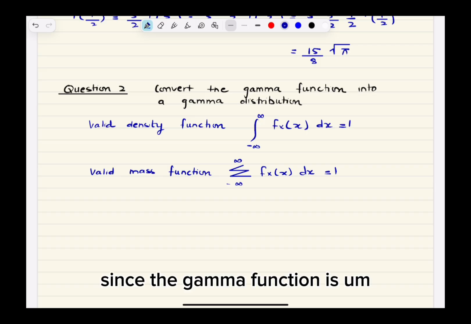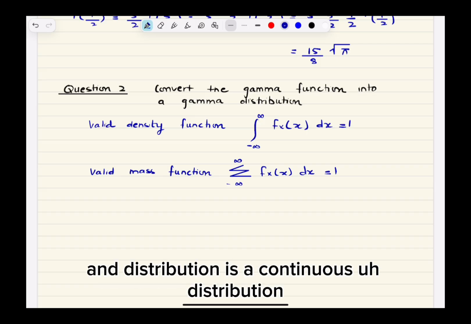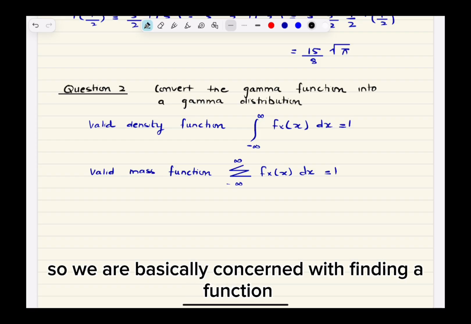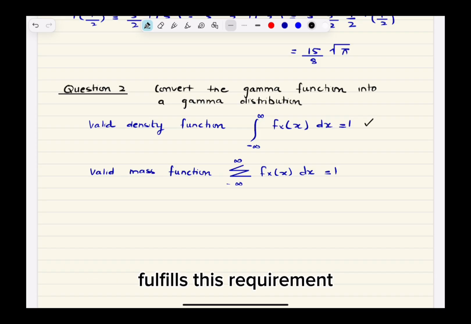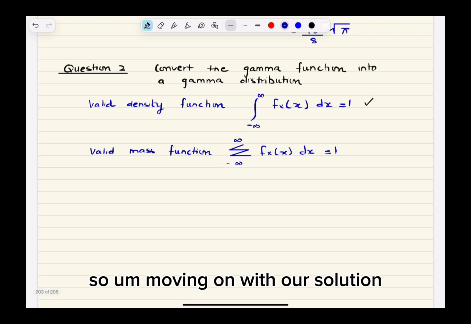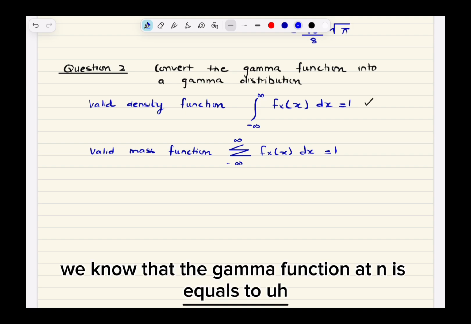Since the gamma distribution is a continuous distribution, we are basically concerned with finding a function which fulfills this requirement.